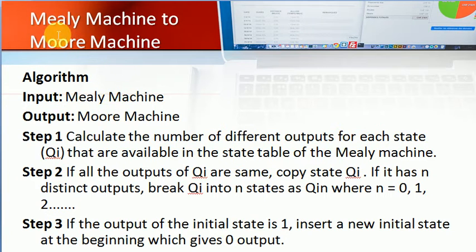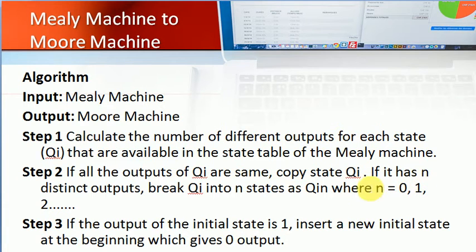Now we will understand how to convert a Mealy machine to a Moore machine algorithm. Input: Mealy machine, output: Moore machine. Step 1. Calculate the number of different outputs for each state Qi that are available in the state table of a Mealy machine. Step 2. If all the outputs of Qi are the same, copy the state Qi.